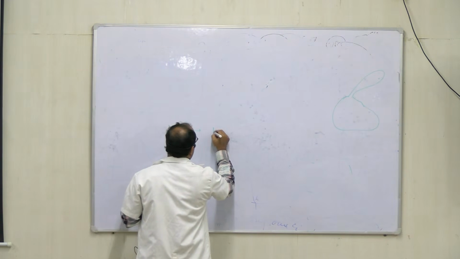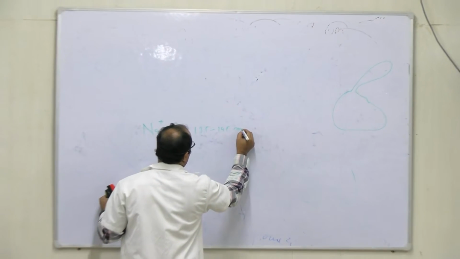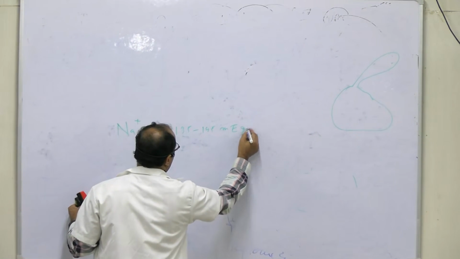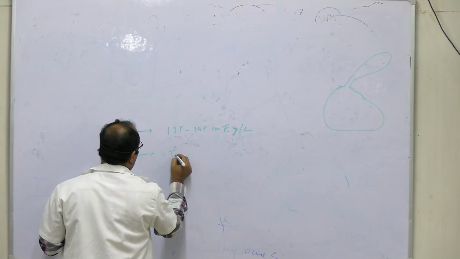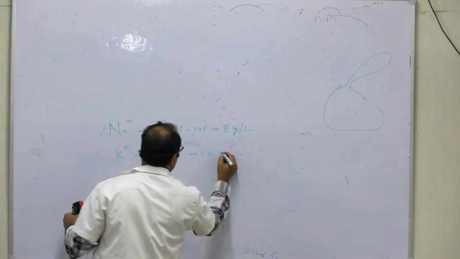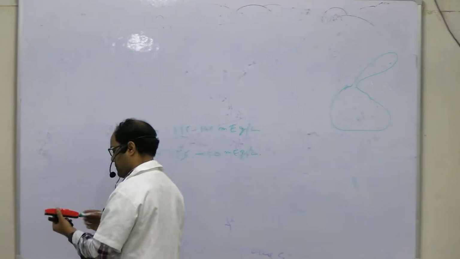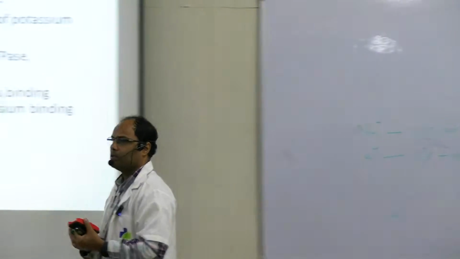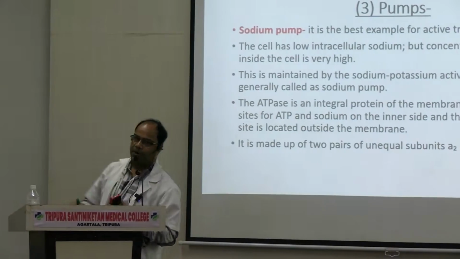Sodium ion: 135 to 145 milliequivalent per liter. Potassium: 3.5 to 5.0 milliequivalent per liter. Okay, this is an example. Calcium ion: 9 to 11 milligram per deciliter.